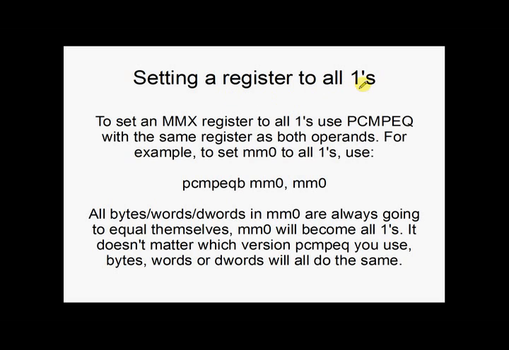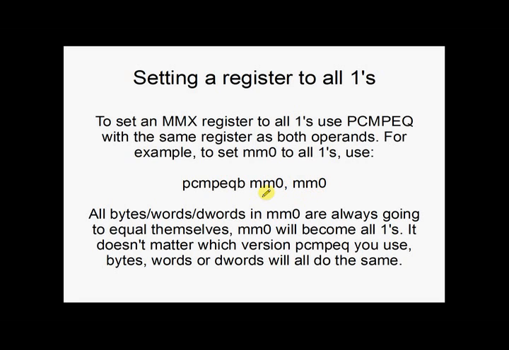Okay, setting a register to all ones is pretty easy as well. All you have to do is use packed compare for equality on the same register. So here we're setting MM0 to all ones. Obviously each of the bytes in MM0 is going to be equal to each of the bytes in MM0 since it's the same register.